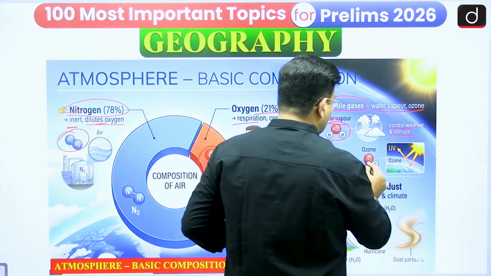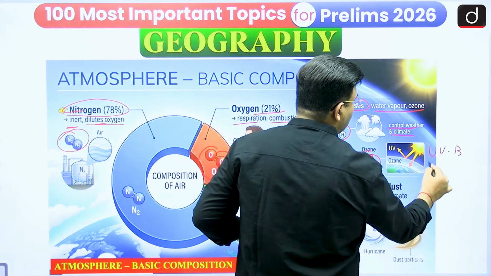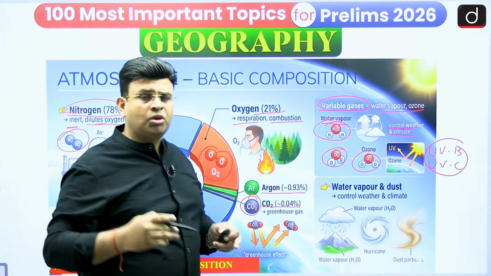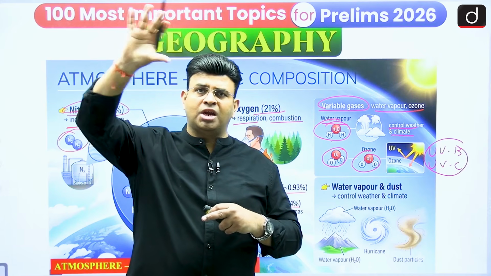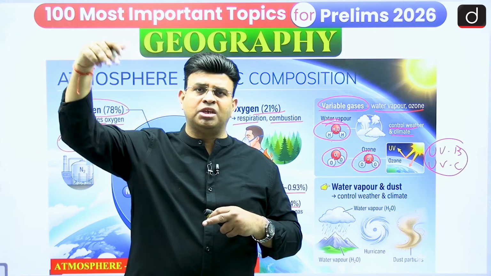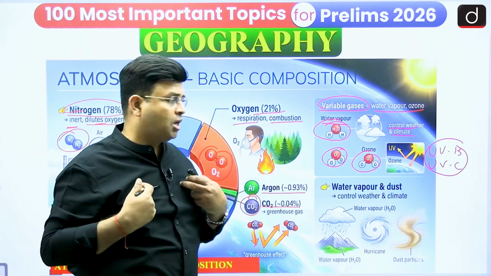And the ozone layer absorbs harmful UVB and UVC rays from the top. This ozone is good in the stratosphere, where it helps in absorbing UVB and UVC. Otherwise they would come down and we would face cancer and different kinds of problems, more heating also.